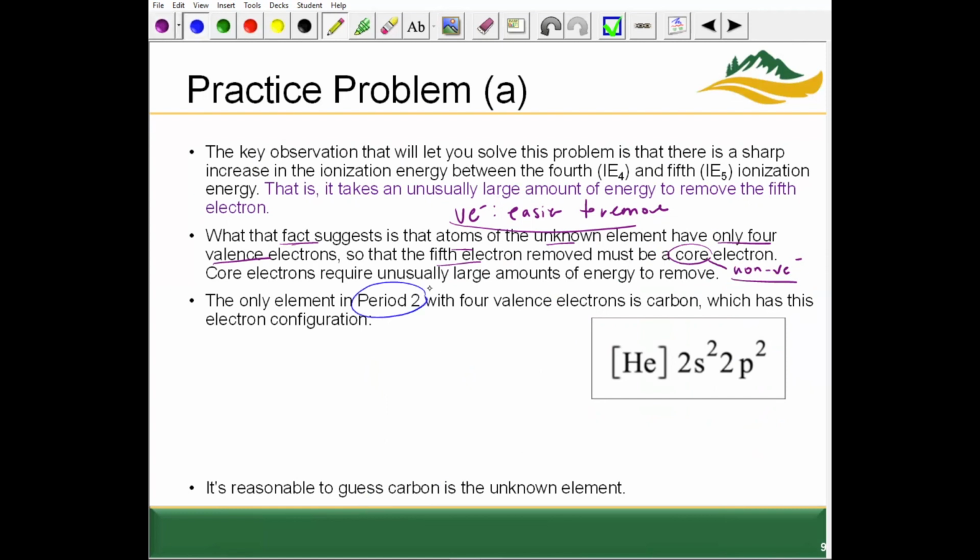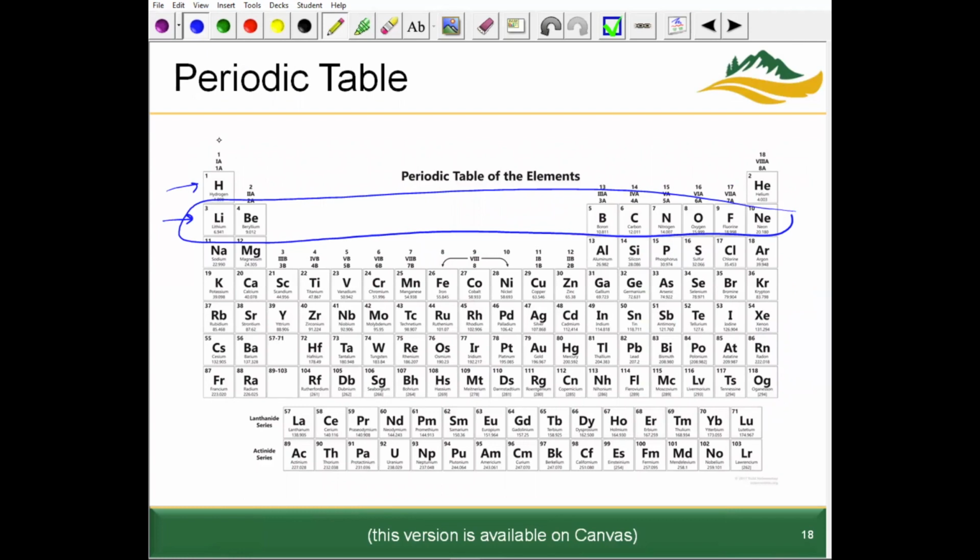So in looking at period 2, which element has 4 valence electrons? Well, this has 1 valence electron, 2 valence electrons, 3 valence electrons, then 4 valence electrons.